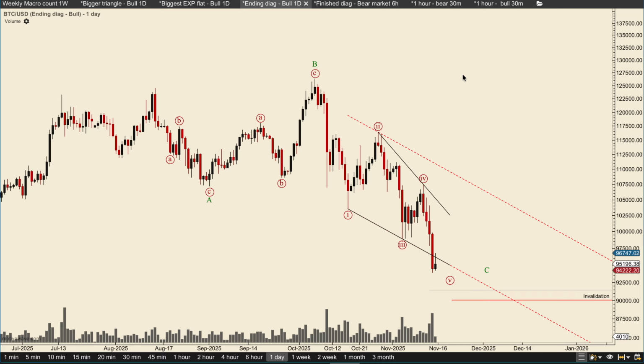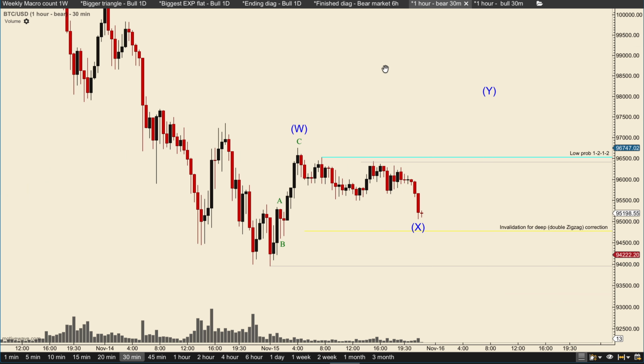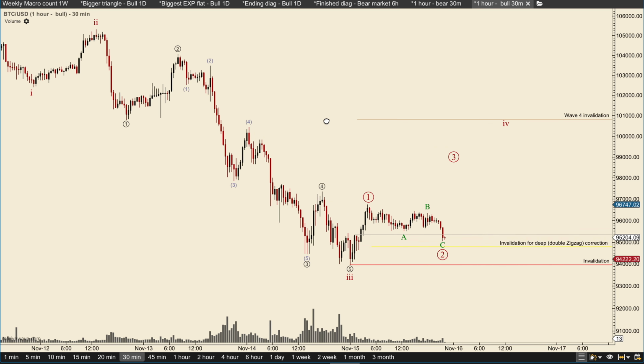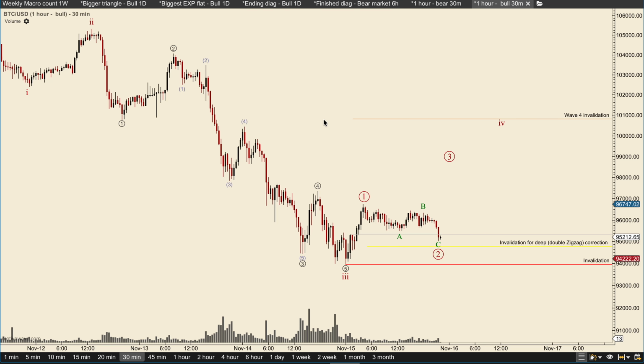So on the lower time frames, this is the move down now on the 30-minute chart. And it is important on the lower time frames to check the price action, because that basically determines which scenario has the highest probability.